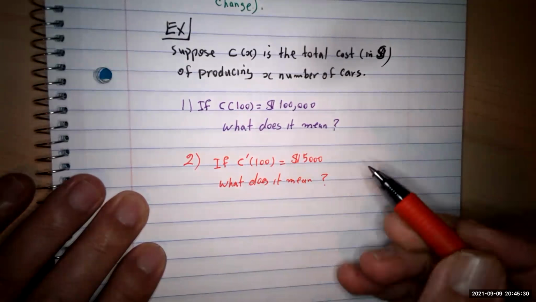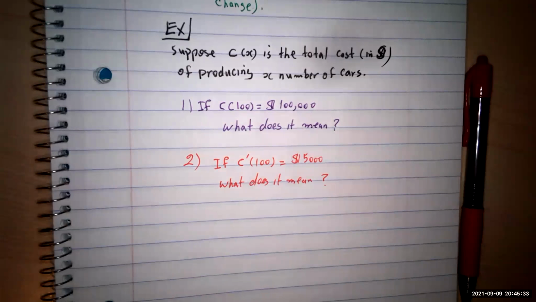By the end, you are going to find both of them for us, but I didn't give you the function because we can't do it at the moment. We don't need it. Remember, C of x is the total cost of producing x number of cars.